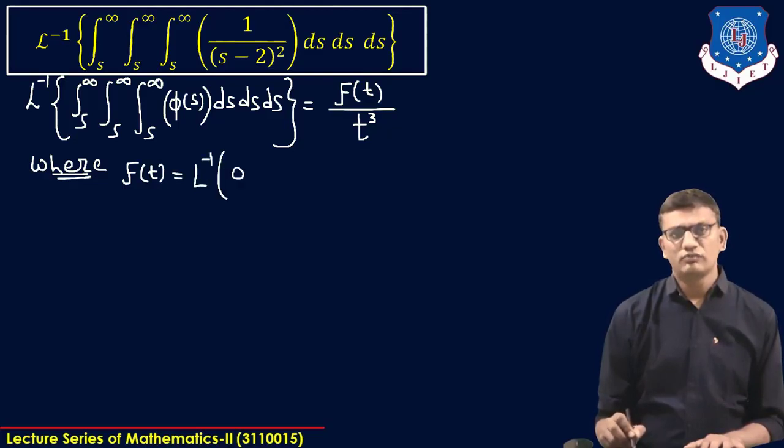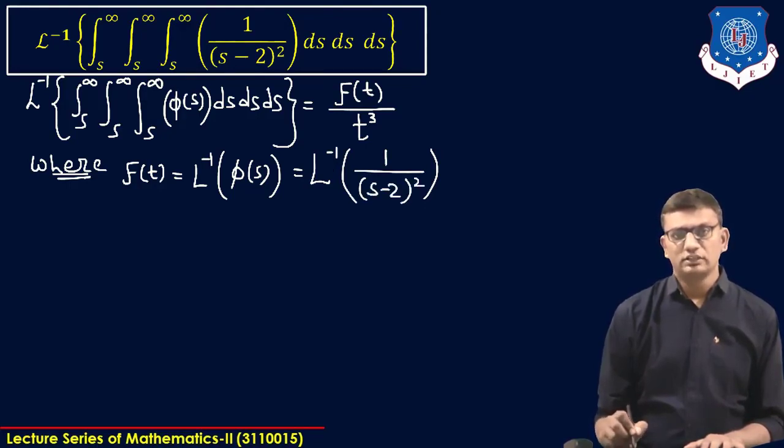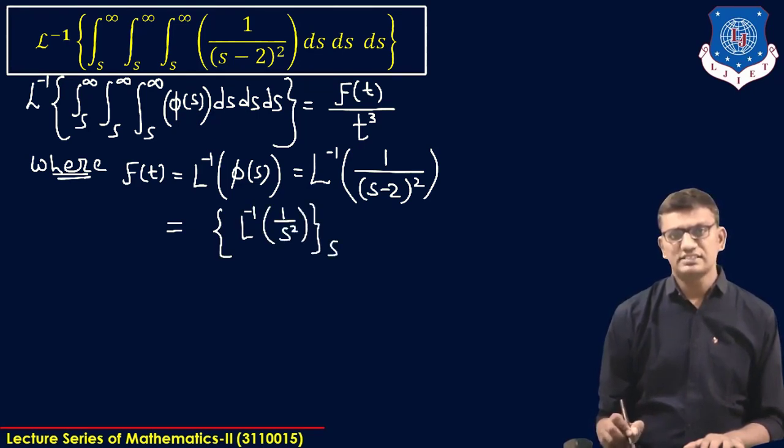f(t) equals L inverse of φ(s), which is equal to L inverse of 1/(s−2)². Now we directly find the inverse Laplace of this term, which is L inverse of 1/s², where s is replaced by s−2.